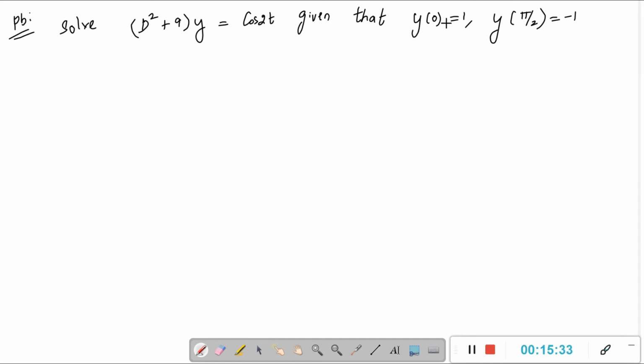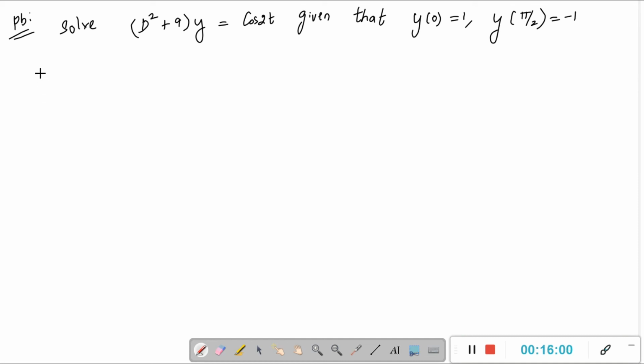So y of 0, y dash of 0 is given, means this is called an initial condition, but y of 0 and y of pi by 2 is given. So this question is a boundary value problem. So now I am going to find the solution by using Laplace transform of this boundary value problem.